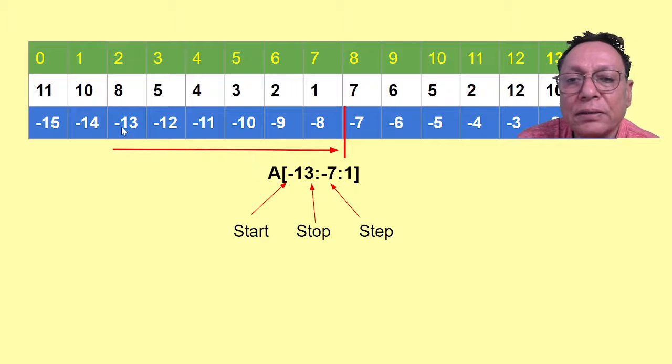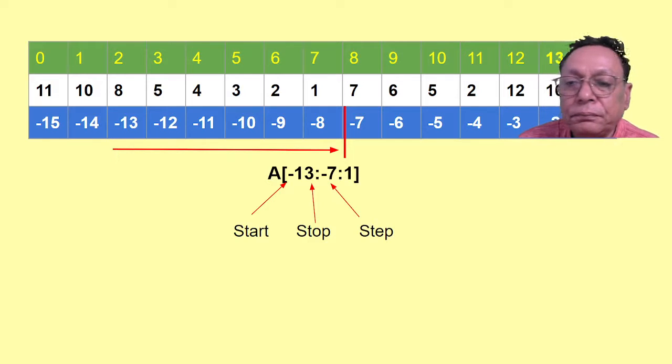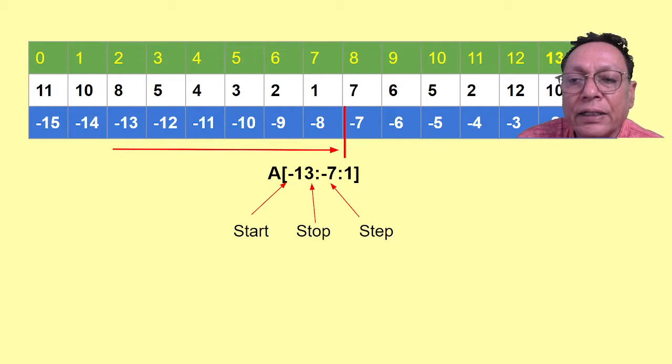So this is -13. See here, this arrow shows that you have to move from -13 to -7, rather one step before. If you consider one step before this, that is index -8, and that is why it stops at index -8.